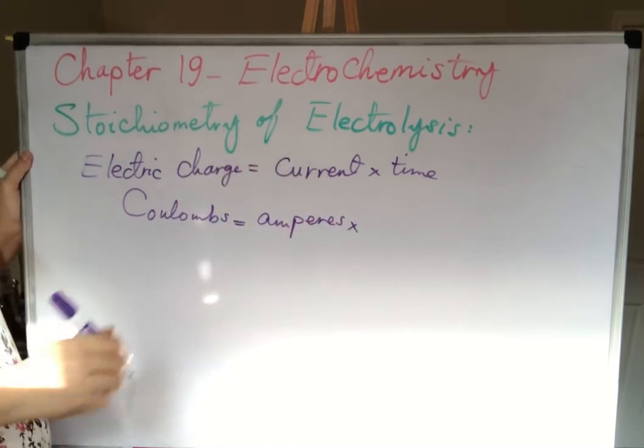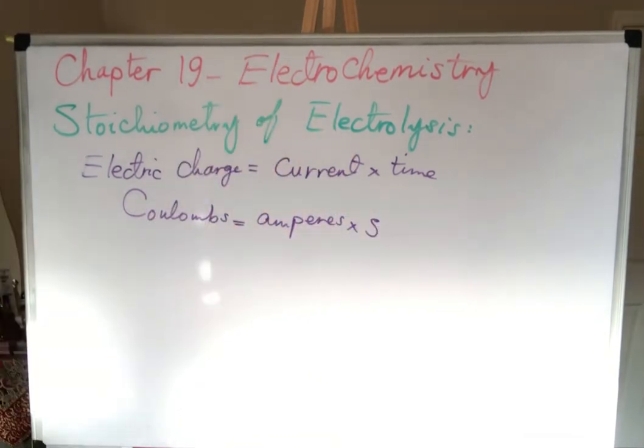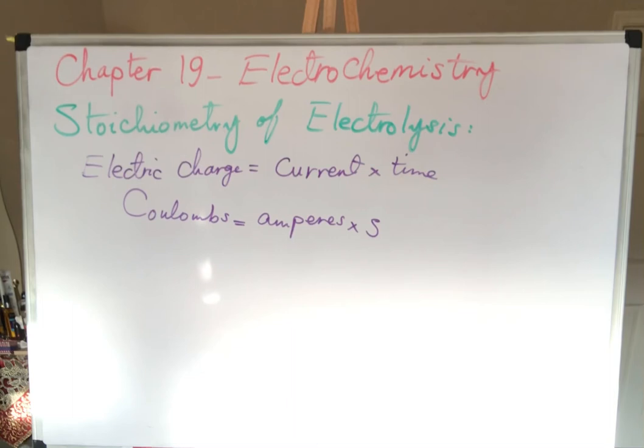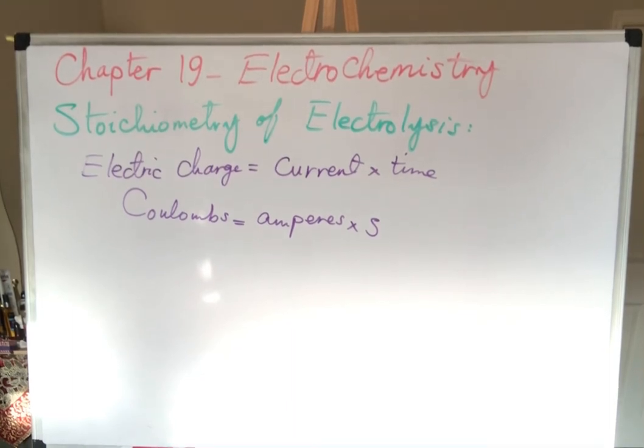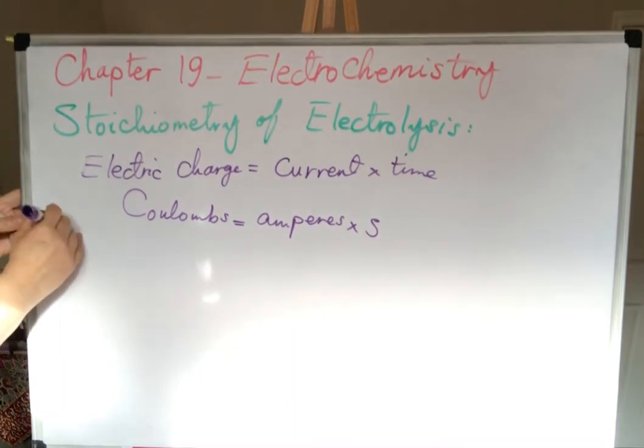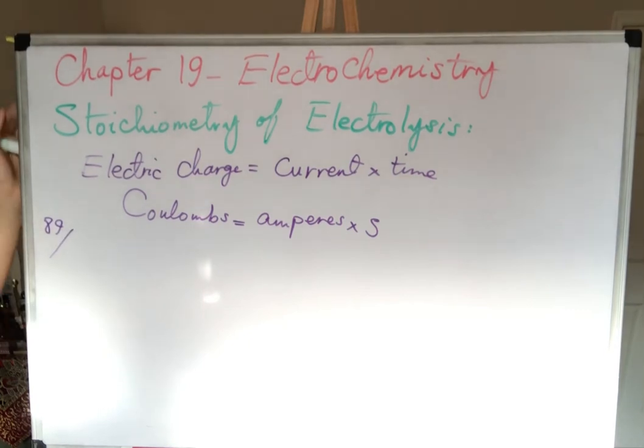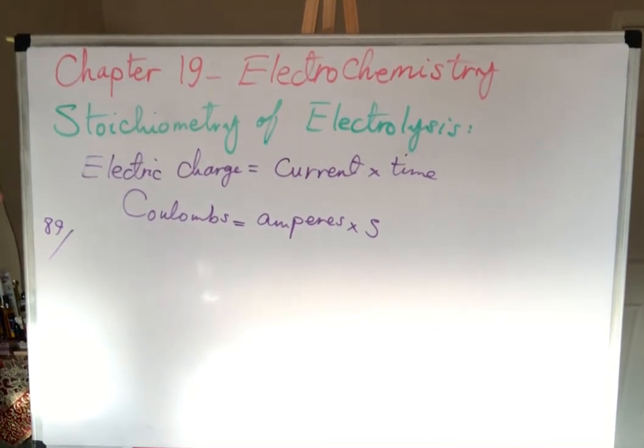And time is normally in seconds, unless you want it in minutes or hours. So on slide number 89, they're asking for what electric charge is required to plate a piece of automobile molding with 1 gram of chromium metal using a chromium 3 ion solution if the electrolysis current is 2 amperes.